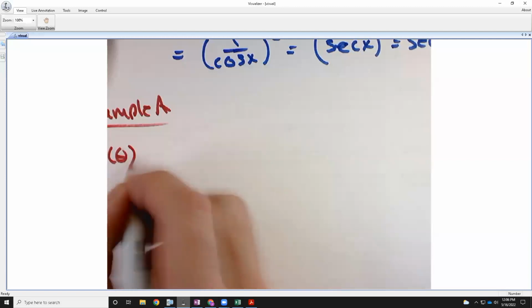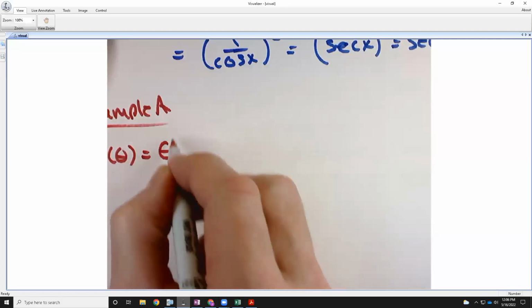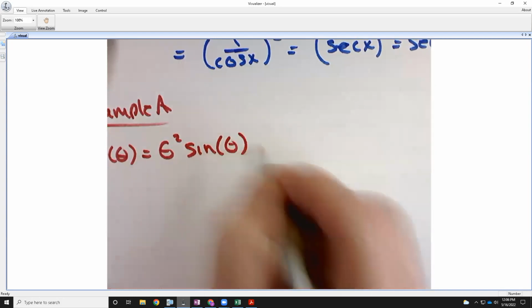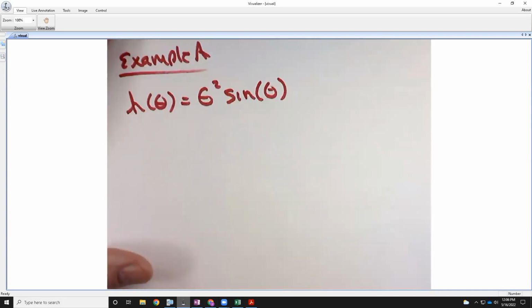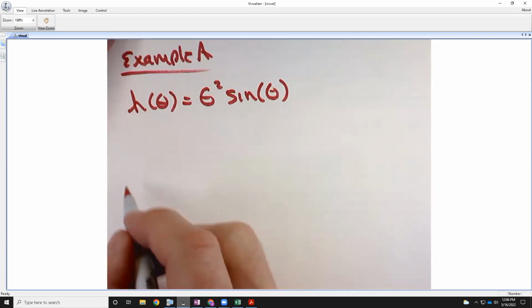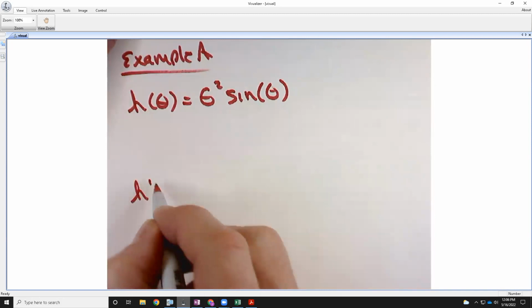Here we've got h of theta equals theta squared times sine of theta. And the question is to find h prime of theta. So h prime of theta.